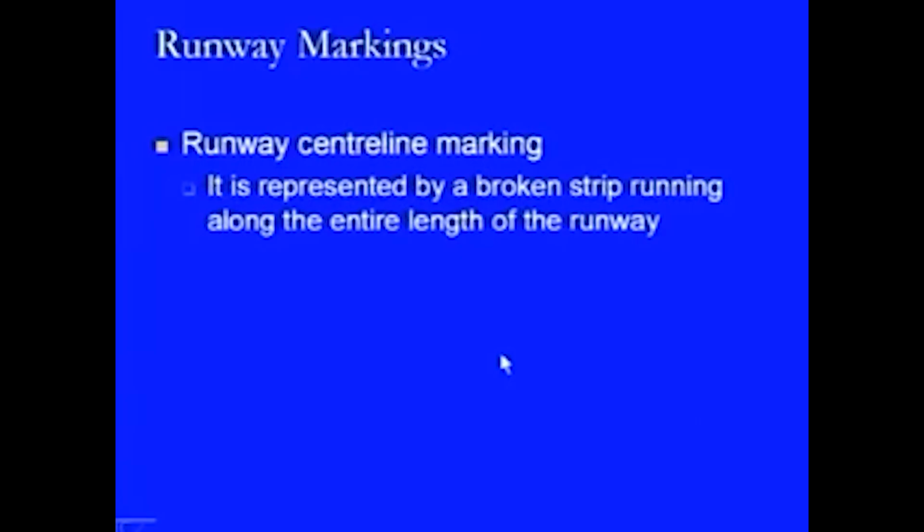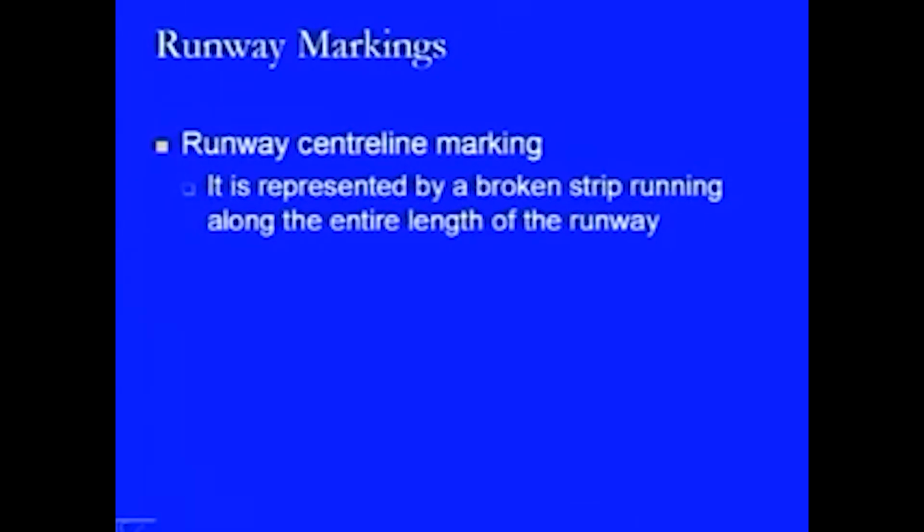Now, we look at the very first type of runway marking which is provided, and this is the runway center line marking. This runway center line marking is provided along the entire length of the runway strip. From the very start to the end this has to be there.